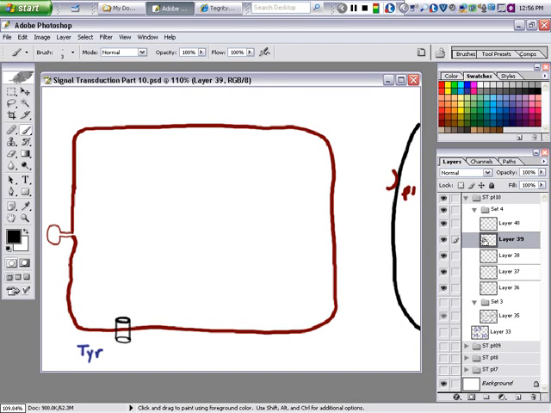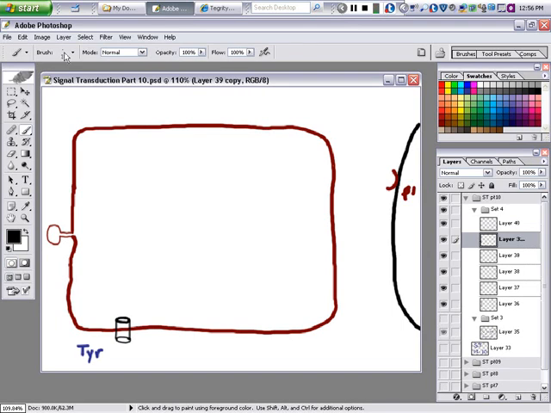So what's going to happen? This tyrosine is going to come through this channel and into this nerve ending. What are we trying to make? Norepinephrine. So this is the first step. You have to get the tyrosine into the cell. Make sense?